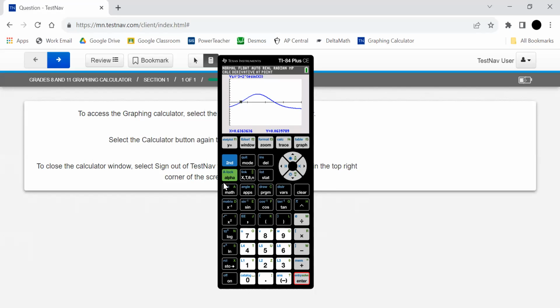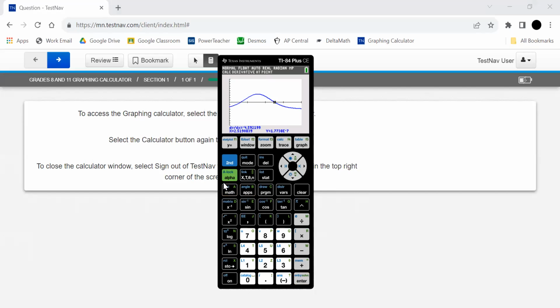I'm just going to type in alpha A. And it's going to give me this new value where the derivative is 4.5921992. And I'll do the same thing. Second trace, option 6, alpha B. And that's going to give me the same thing, except a negative.